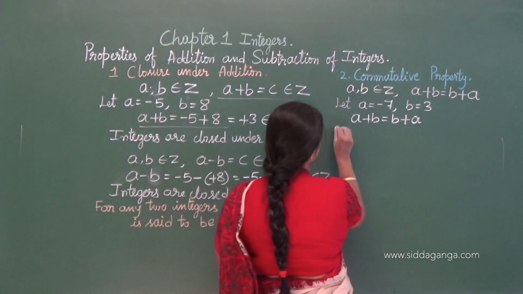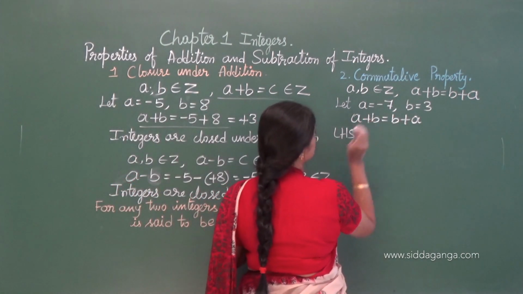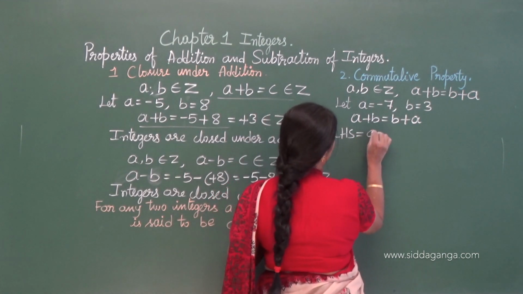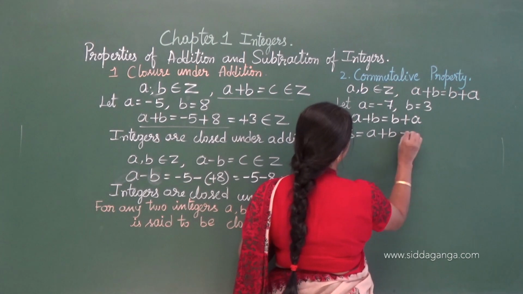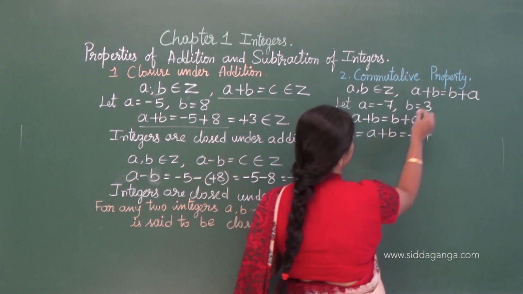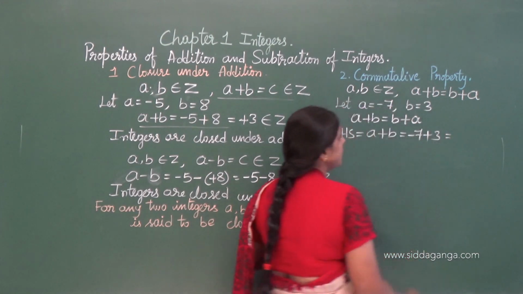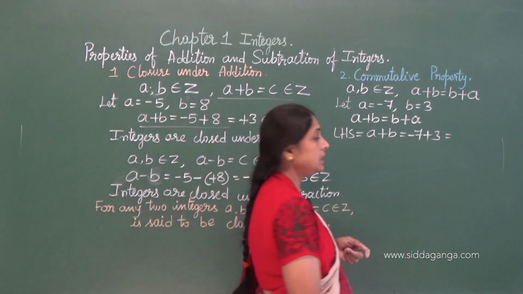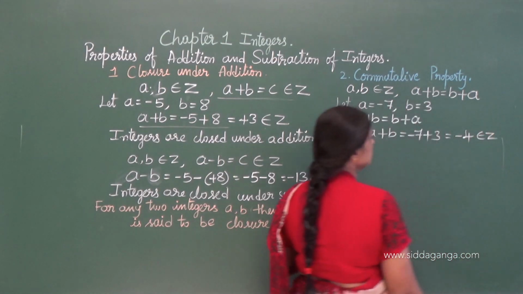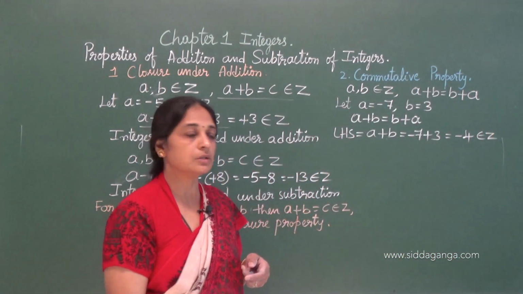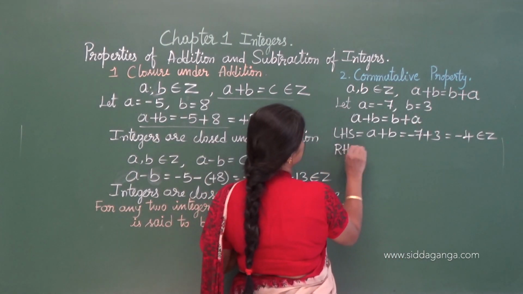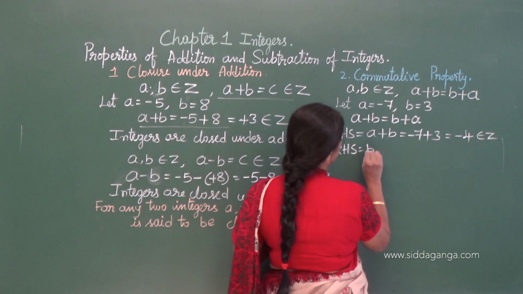Consider here this side as LHS, left hand side, that is equal to a plus b. What is a here? It's minus 7, plus b is 3. Minus 7 plus 3 is minus 4. It belongs to Z. Then the RHS is b plus a.